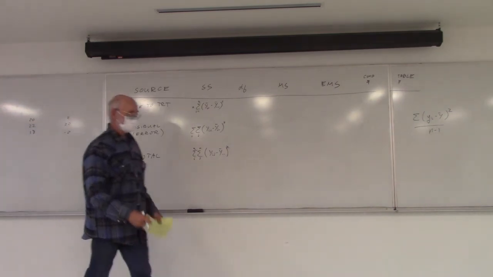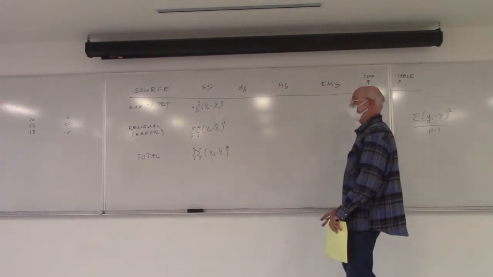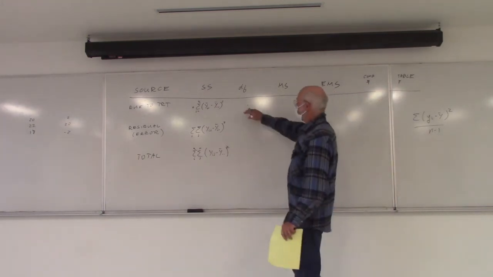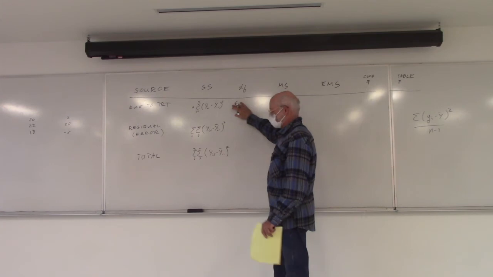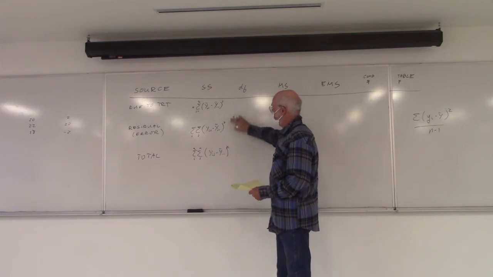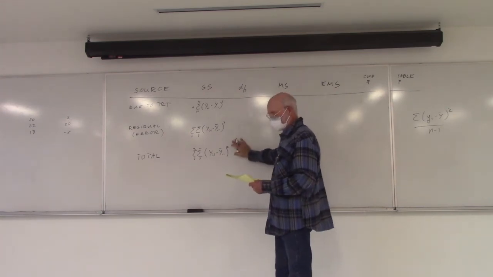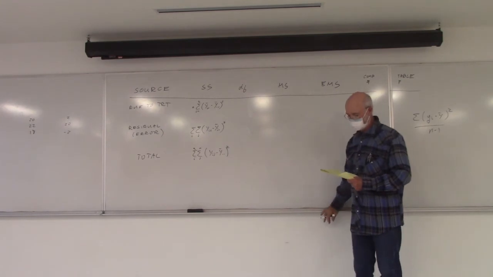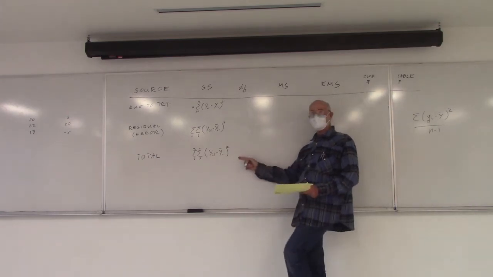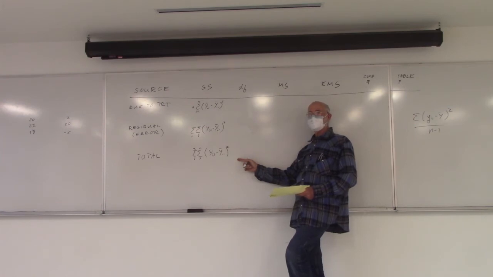All right, let's talk about degrees of freedom. Remember, we lose 1 degree of freedom for every parameter we attempt to estimate. How many parameters are we estimating right here?